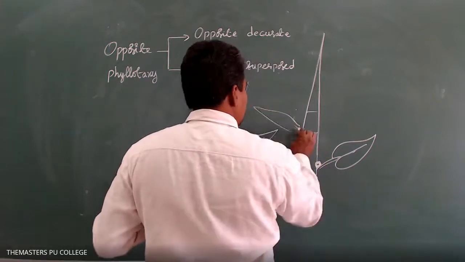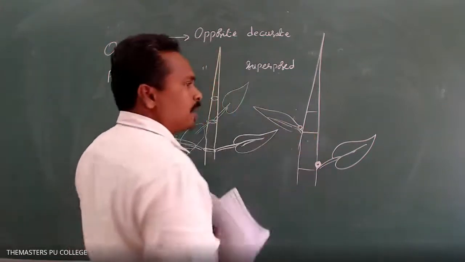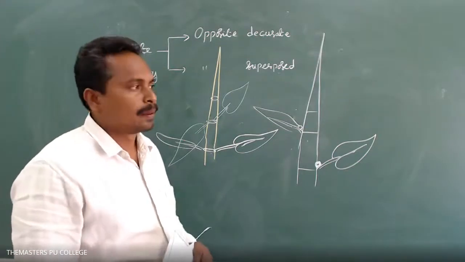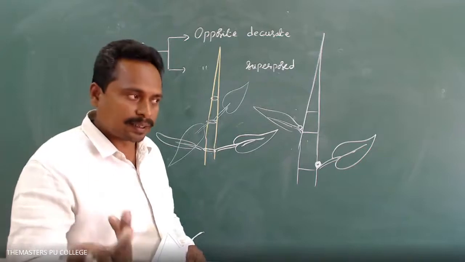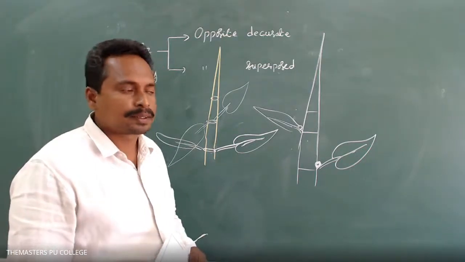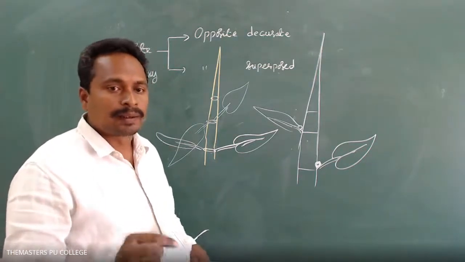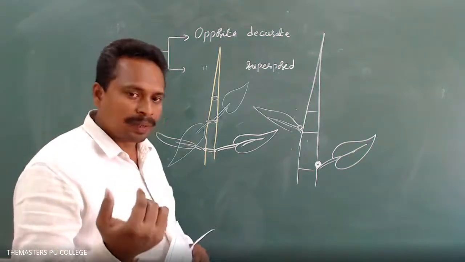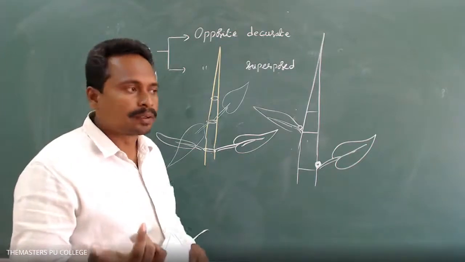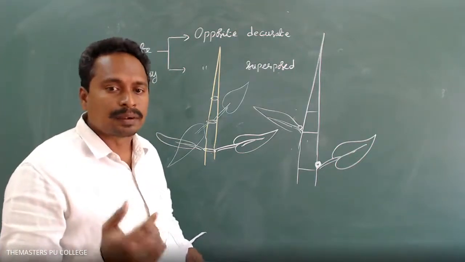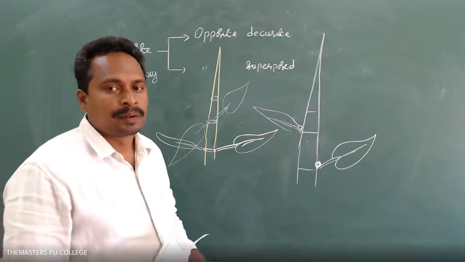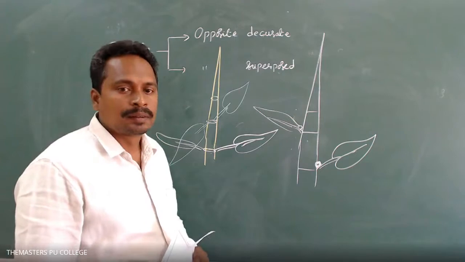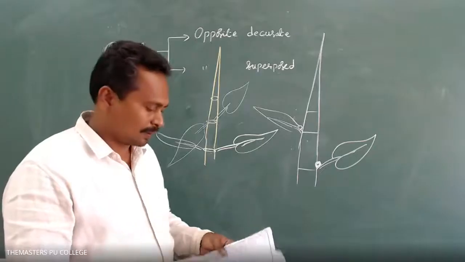In this chapter, it is given as a branch, and in the next chapter, anatomy of flowering plants, the tissues regarding the axillary bud are covered. The axillary bud is a meristematic tissue involved in the formation of either branches or flowers. Is it clear now? Yes, sir. Thank you, sir.